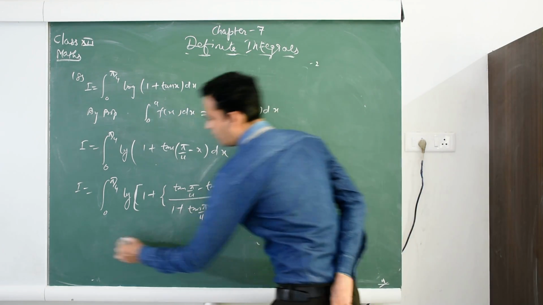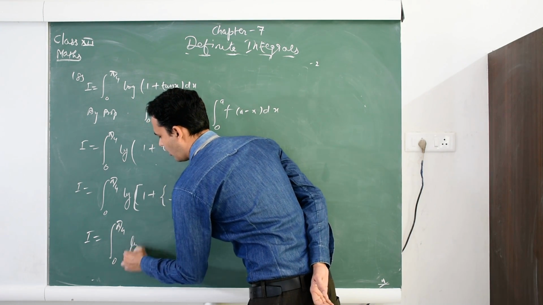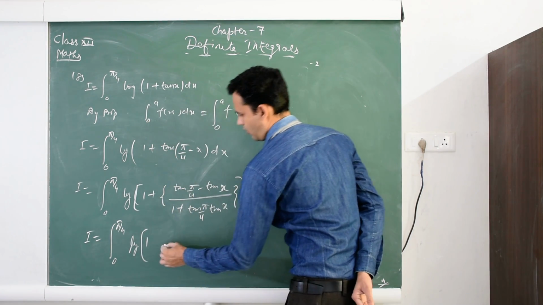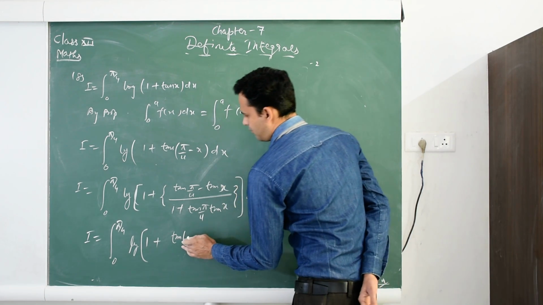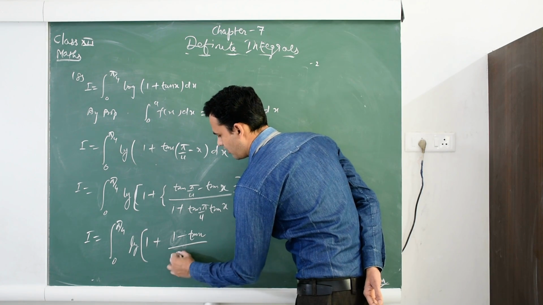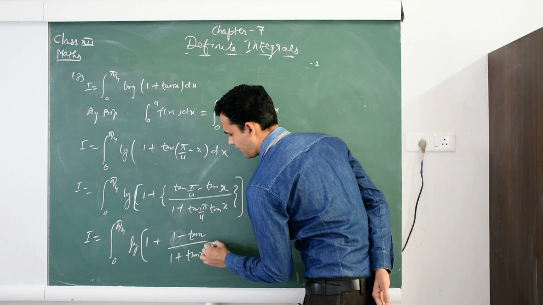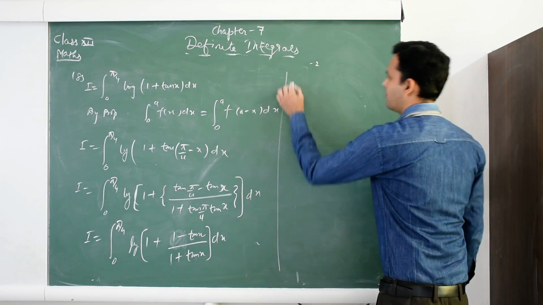So I equals integral 0 to pi by 4 of log(1 plus (1 minus tan x) upon (1 plus tan x)) dx. Now we take LCM.